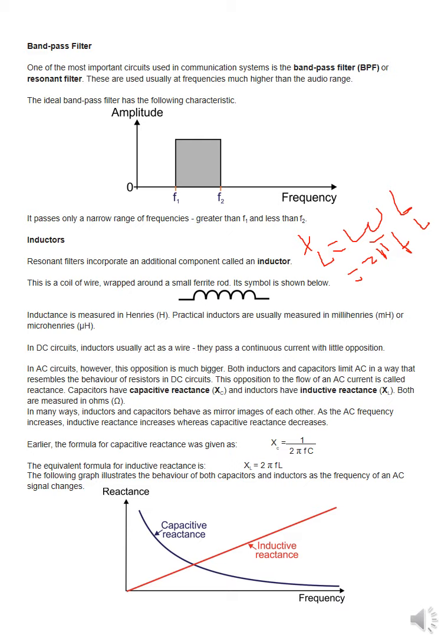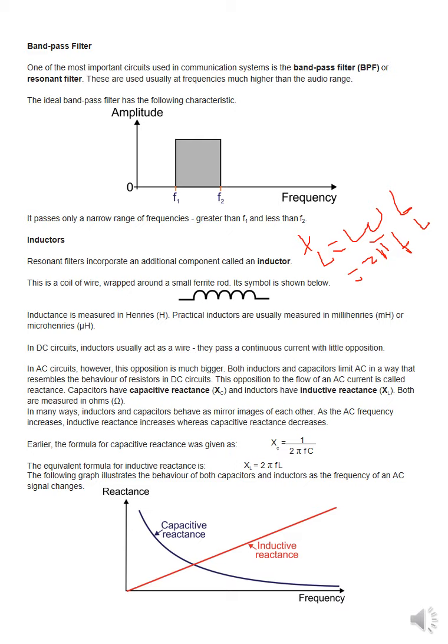The lower the frequency, the lower the value of reactance. If f equals 0 for DC, then XL equals 0. It means it passes DC as it is, with no change in the behavior of the DC voltage applied across an inductor.